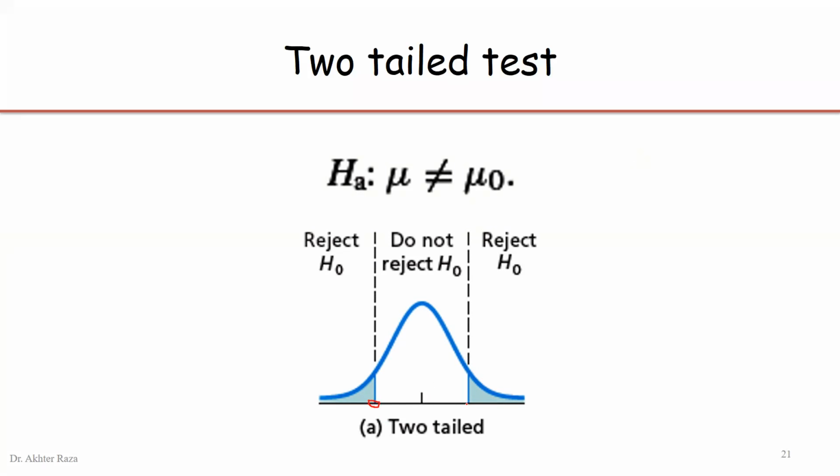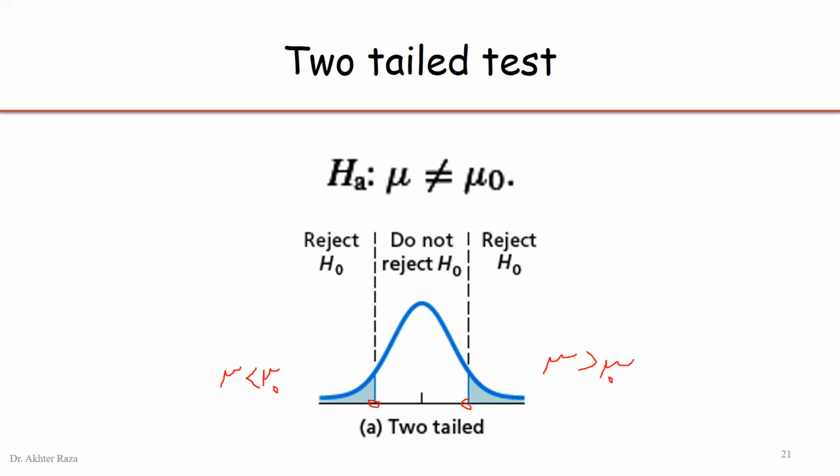You can see here, if it is below this number, then we can use the term mu is less than mu naught. If it is above this number, mu is greater than mu naught.